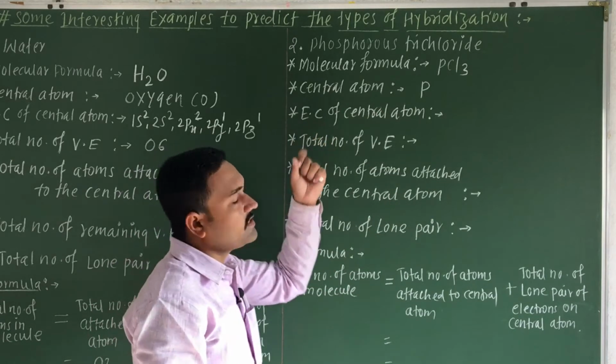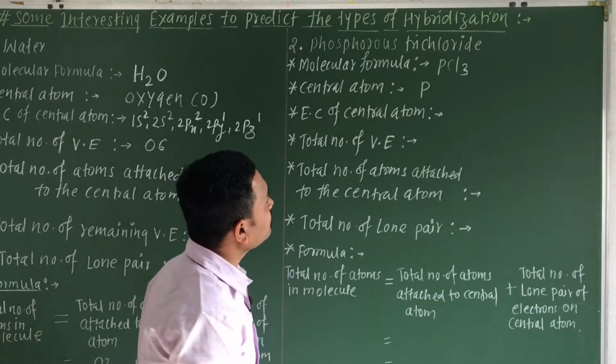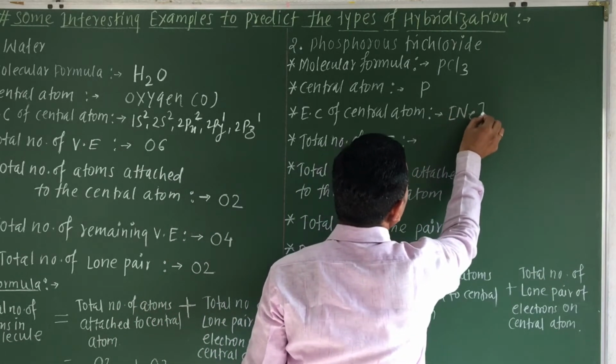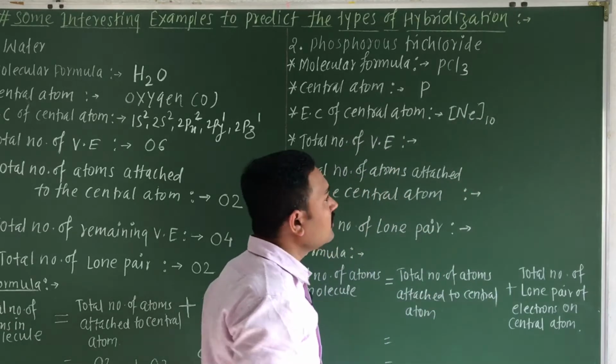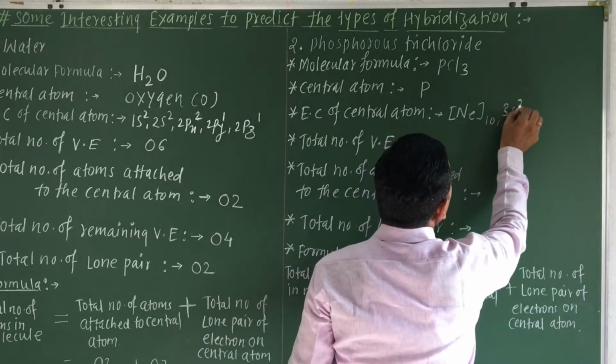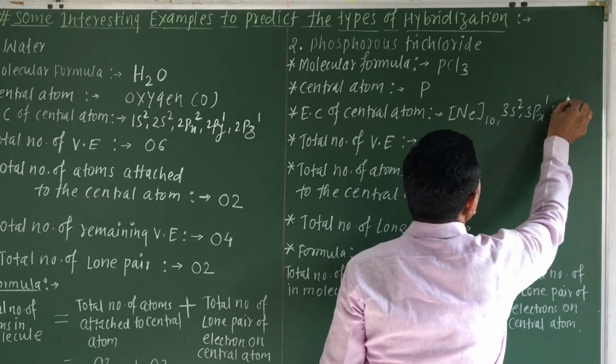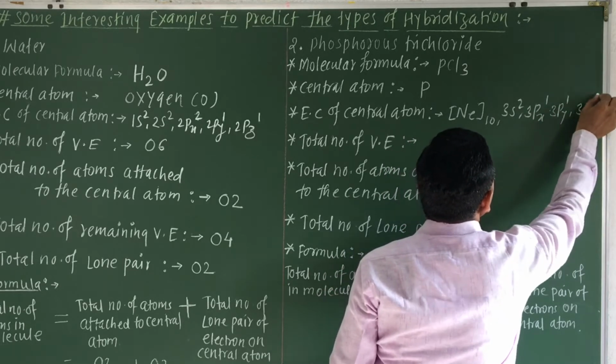Now let us consider the electronic configuration of this central atom. Phosphorus has atomic number 15, so its electronic configuration will be neon 10, then 3s2, then 3px1, 3py1 and 3pz1.